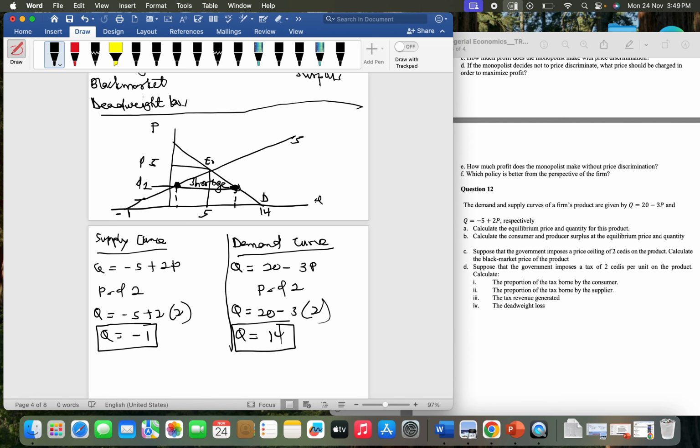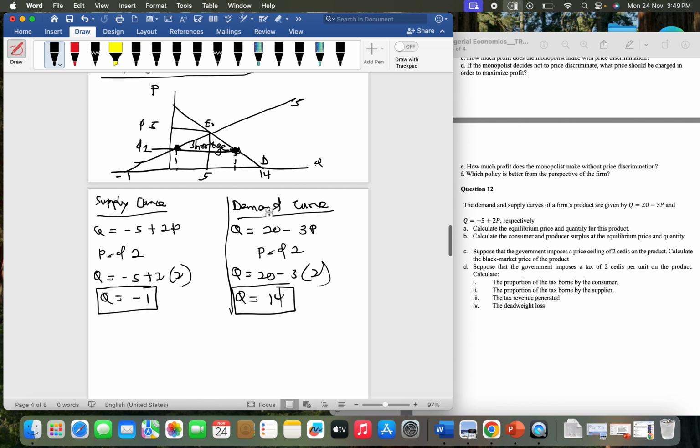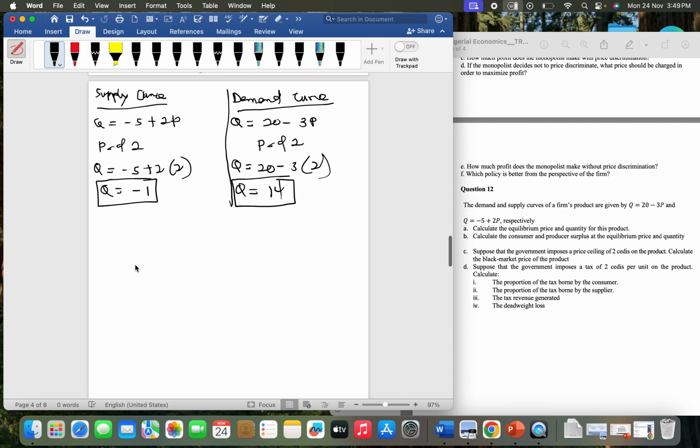Now the question states, suppose the government imposes a price ceiling of 2 cedis on the product. Calculate the shortage of the product. If demand exceeds supply, or if demand outweighs supply, there's a shortage. But if supply exceeds demand, there's a surplus.